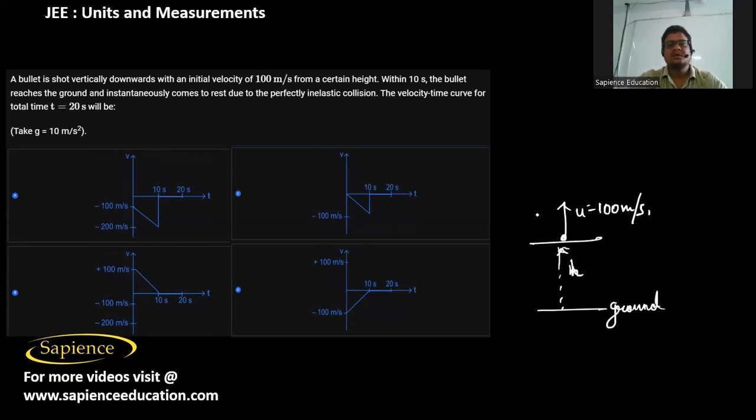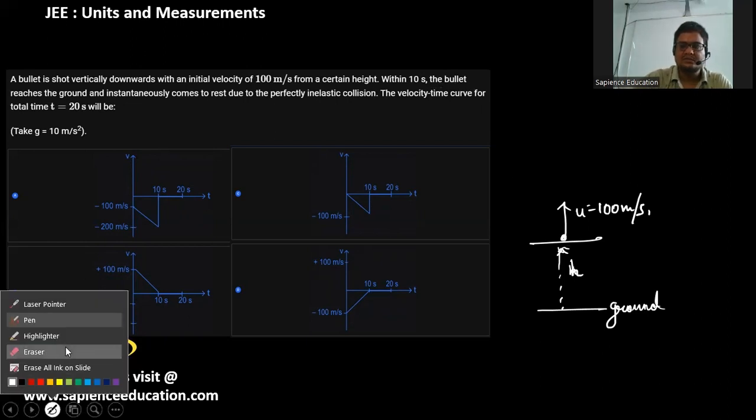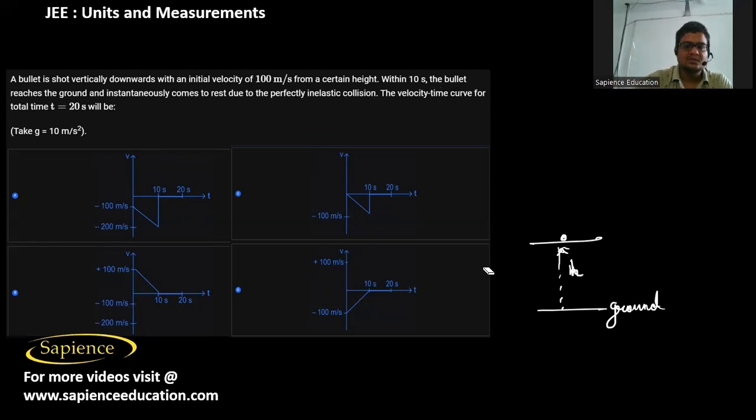Then it is told within 10 seconds, okay, it is shot vertically downwards. Okay, so it is wrong. It is shot vertically downwards from a certain height.